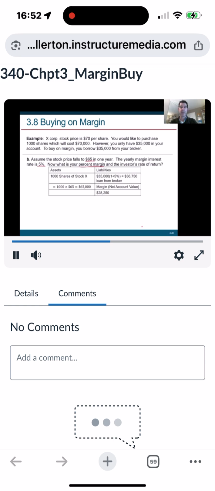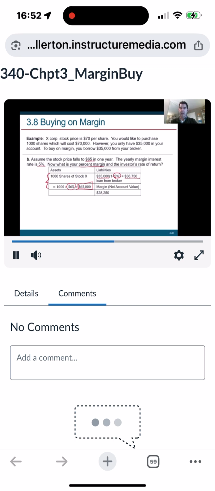Once again, the best way to do this is to track along in a balance sheet. So on assets, what do I have? I still have those 1,000 shares of stock X sitting in my account. Now they're only worth $65 per share for a total of 65,000. What do I owe to the broker? 35,000, that's what I borrowed from the broker, plus 5% interest. So now I owe a total of 36,750.